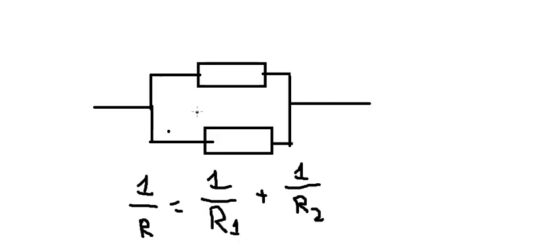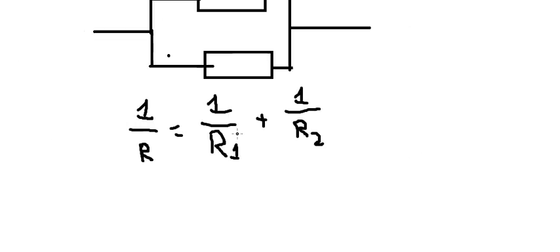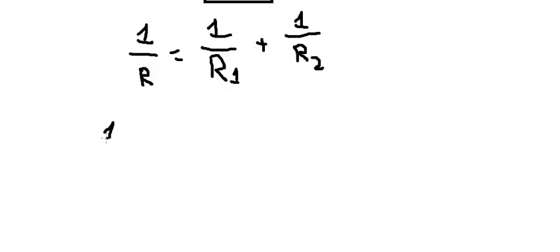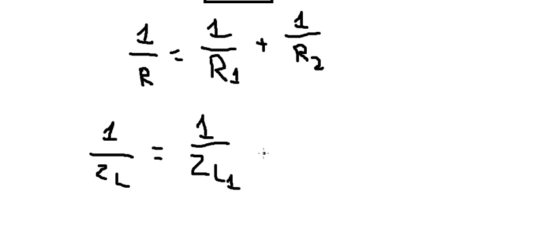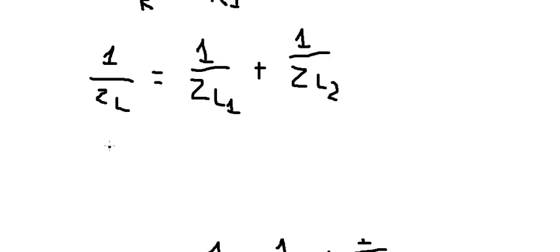Now we apply the formula in here, so that should be 1 over ZL equals 1 over ZL1 plus 1 over ZL2, and for capacitor we do the same.